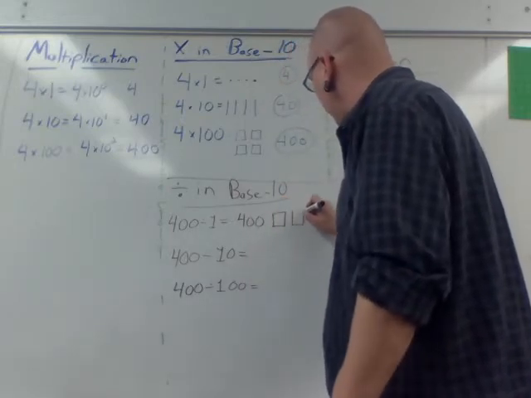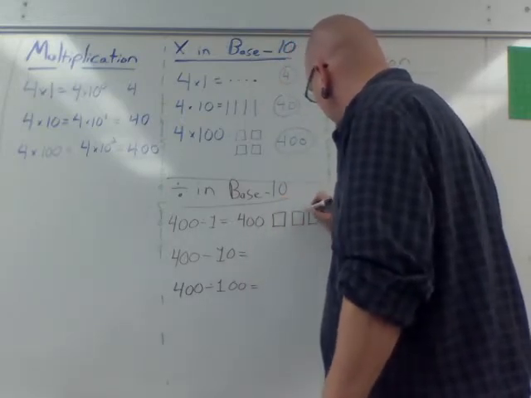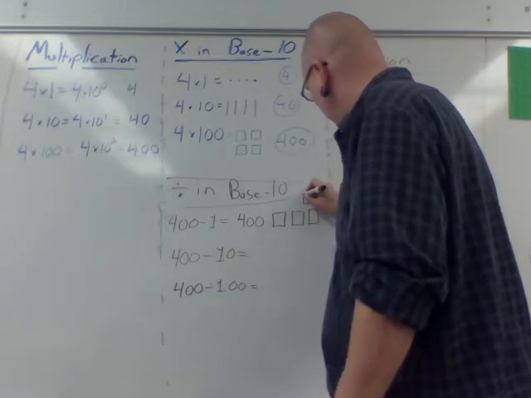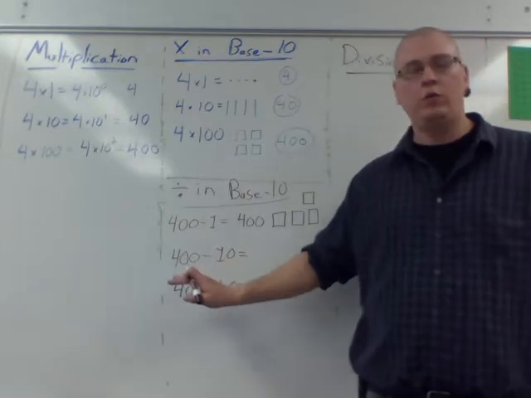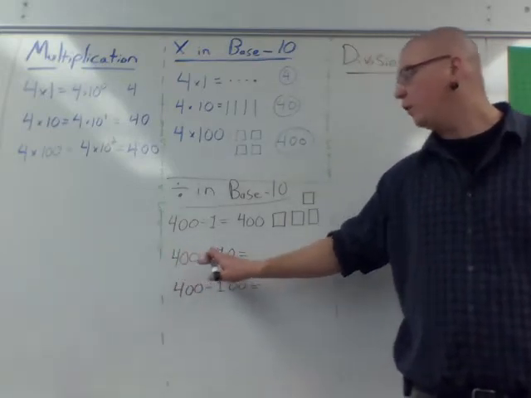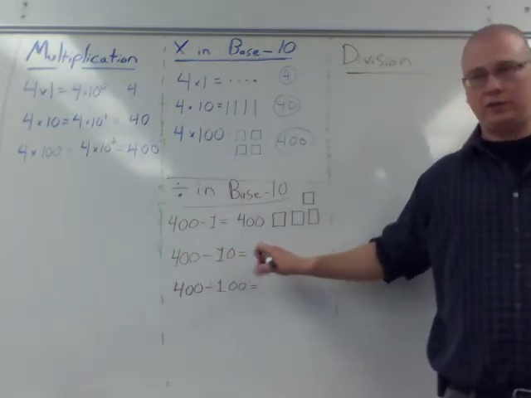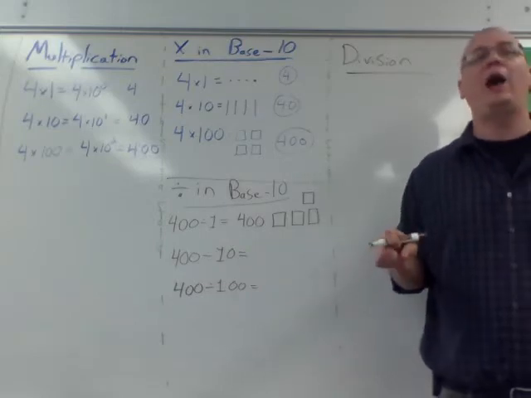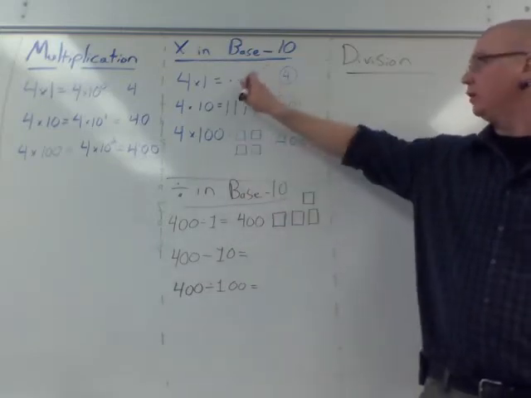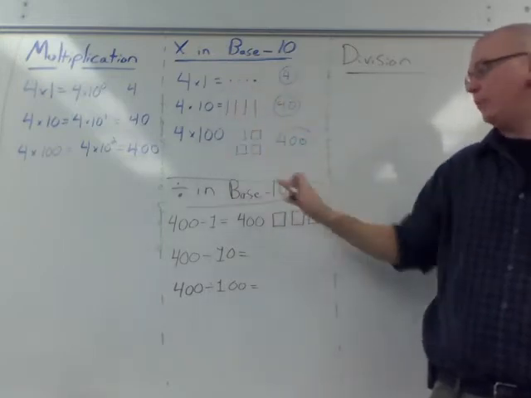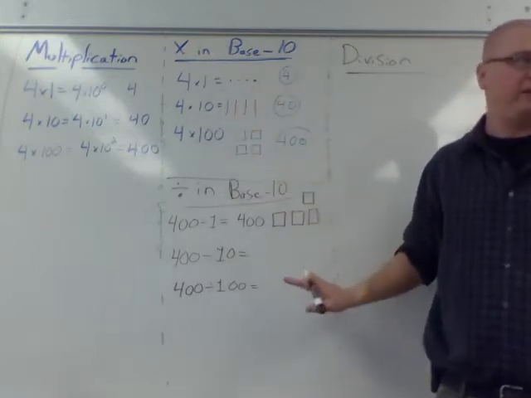Represented as base 10 blocks, 4 groups of 100. Now, 400 divided by 10 is just another power of 10 thing. But instead of making it bigger by 10 times each time, we're making it smaller by 10 times each time.